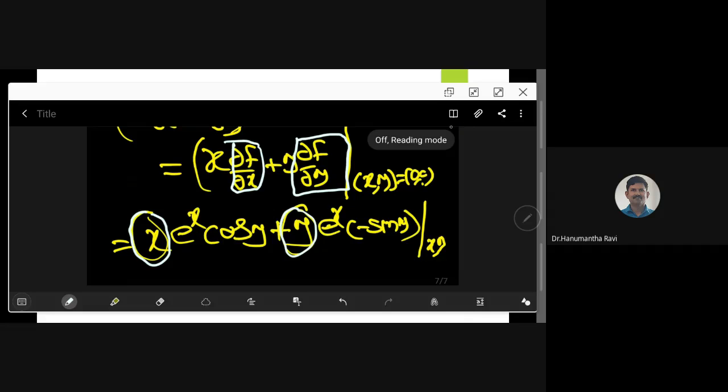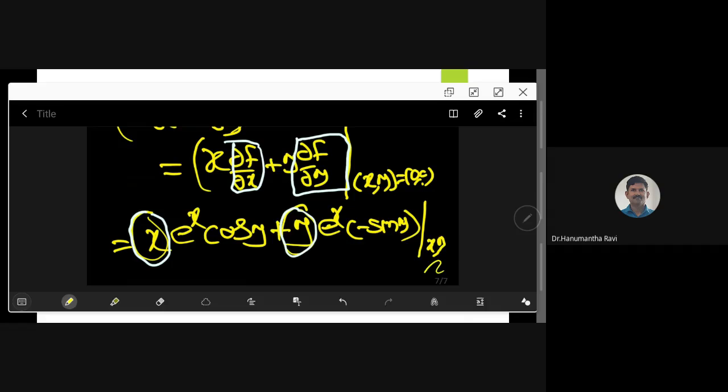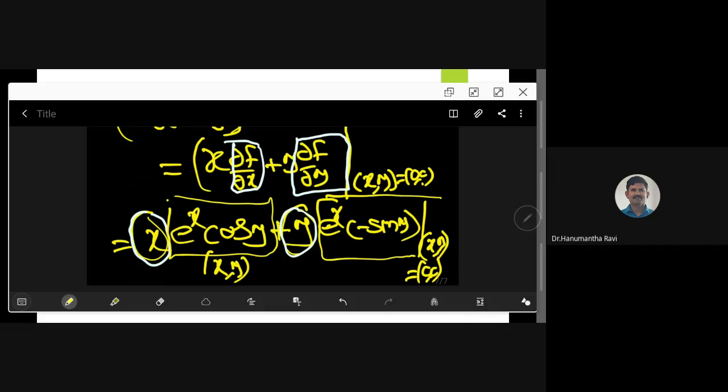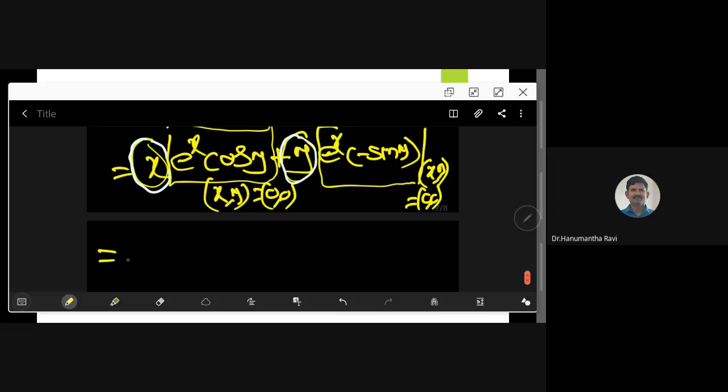If you put (x, y) equal to (0, 0) here, and in this box also, then this is equal to x into e^0 into cos 0, which is 1, plus y into e^0 which is 1, sin 0 is 0, so into 0. So you are getting x as the answer here.